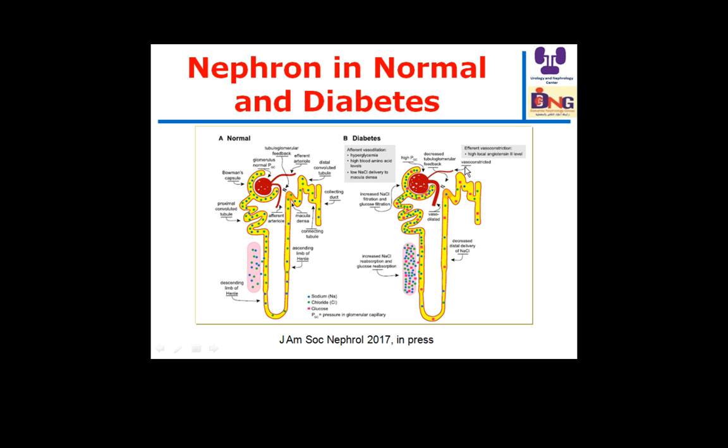So if we look at these vessels, yes, we have efferent vasoconstriction that may be ameliorated by angiotensin II pathways, either using angiotensin converting enzyme inhibitors or angiotensin receptor blockers, but it will not affect the afferent vasodilatation.